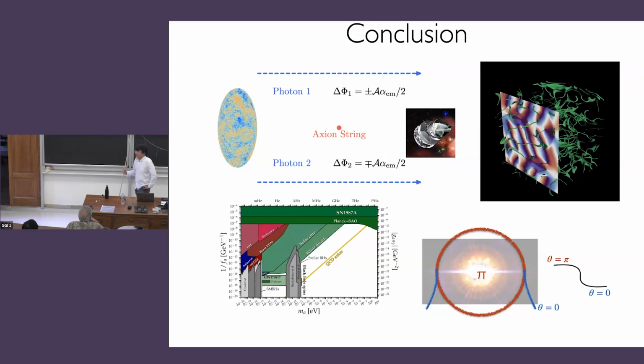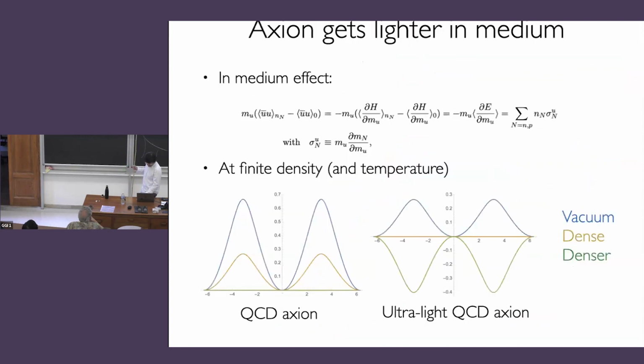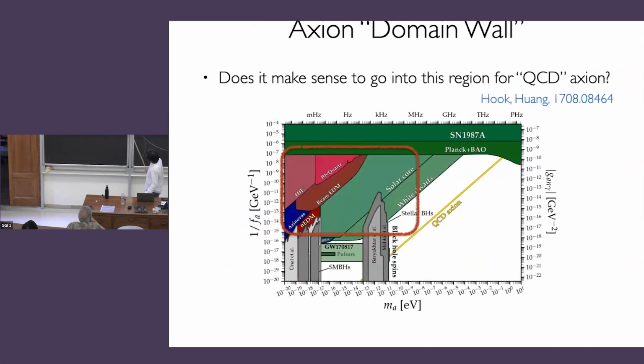At high density, theta equal to pi in these regions. High density, because I can go through this equation. So basically if you want to be living in this region of the parameter space where the particle is lighter than the QCD axion, then you are relying on some additional source of mass which cancels the mass that you are generating from the QCD.